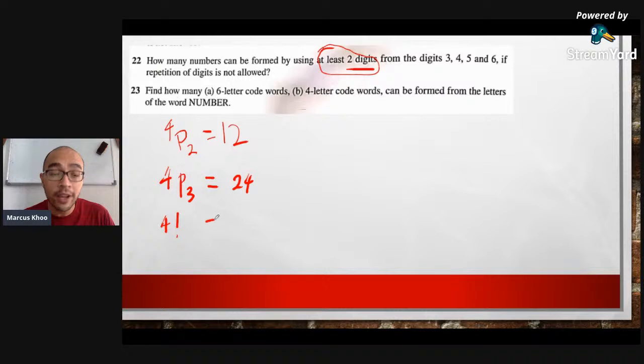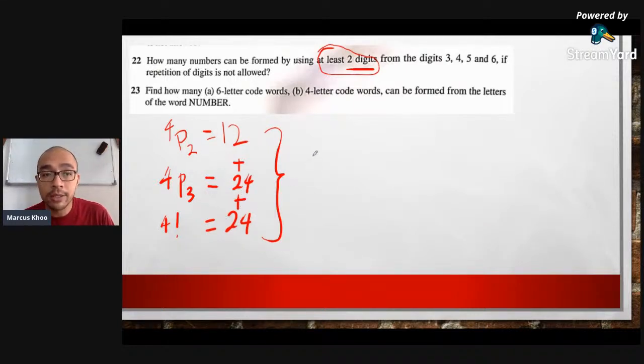And 4 factorial will also give you 24. And what do we do with all these three? The number of numbers that can be formed will be all of this added together. Because this is a 2-digit number, this is a 3-digit number, this is a 4-digit number. So you add all together, you get 60.